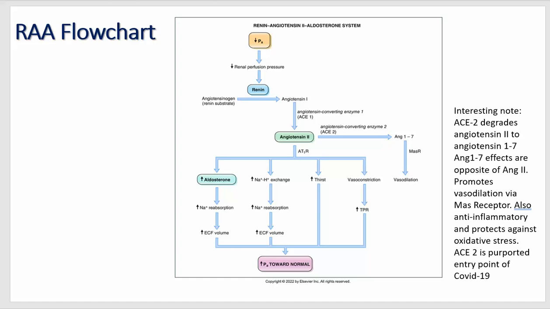I think I might be thinking of something else when I'm talking about the increase in filtration rates. So we'll come back and look at that. But this is a flow chart of the RAA system. I hope that didn't just get confusing. There's a decrease in arterial pressure, release of renin, angiotensinogen to angiotensin 1, and then the angiotensin converting enzyme converts angiotensin 1 into angiotensin 2.